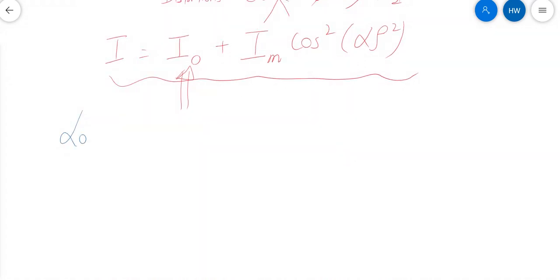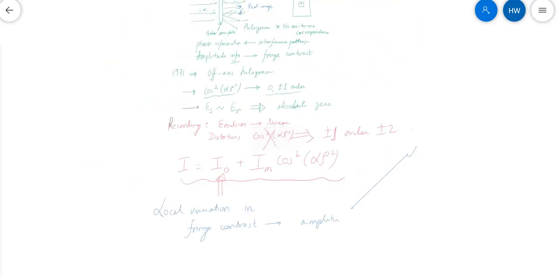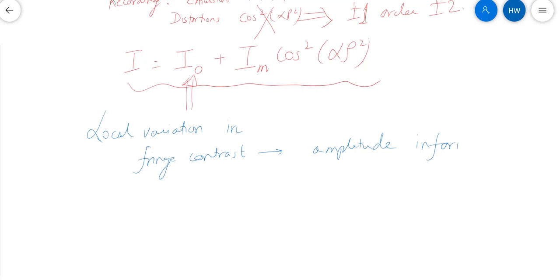So there is a local variation in the fringe contrast, and that is what I associated with amplitude information.